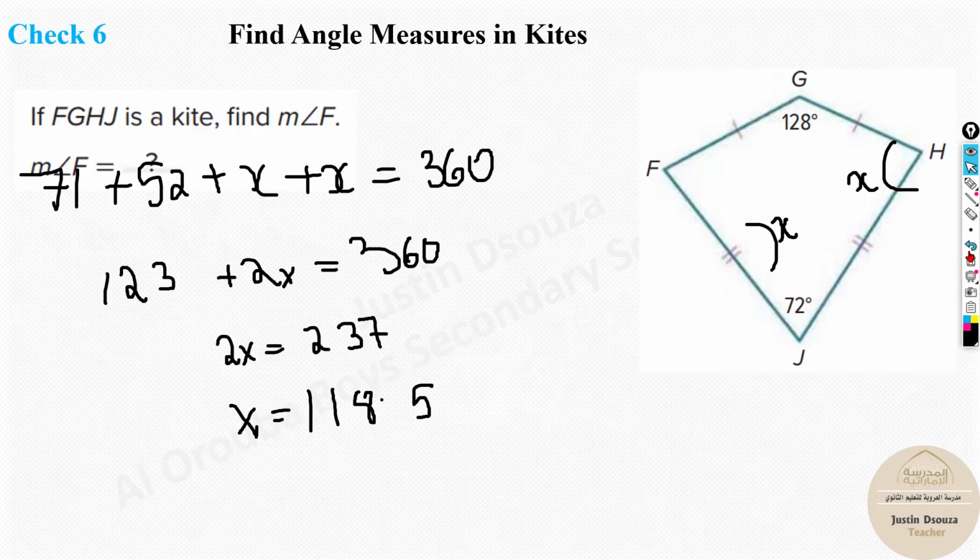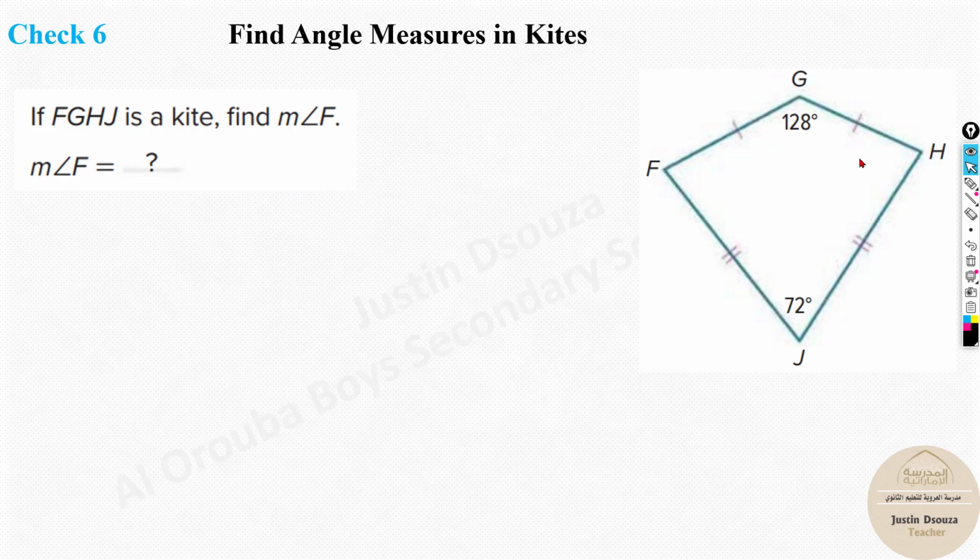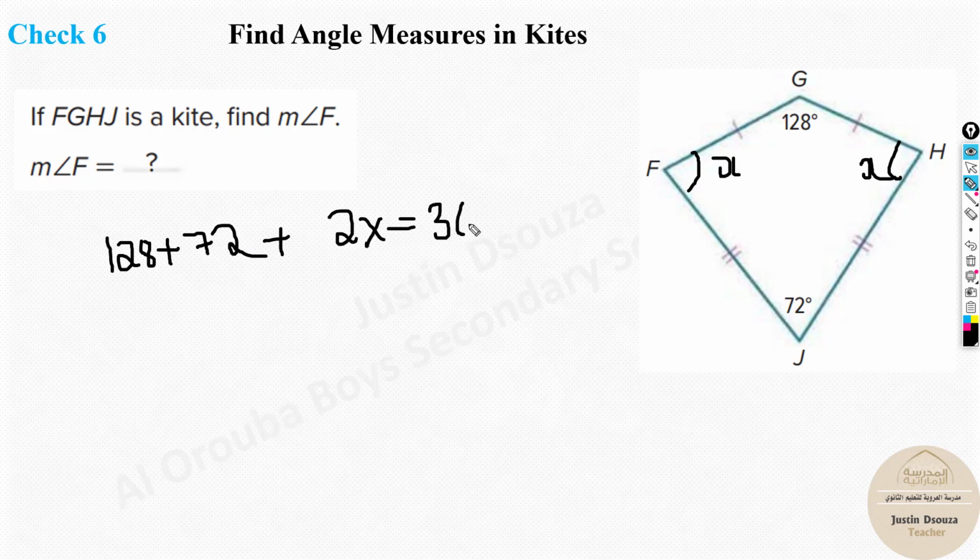Now, there's another similar problem where you have to find the angle F over here. Now, this and this will be equal. So if it is x, this is x. Let's solve it quickly. 128 plus 72 plus x and x is 2x equal to 360.